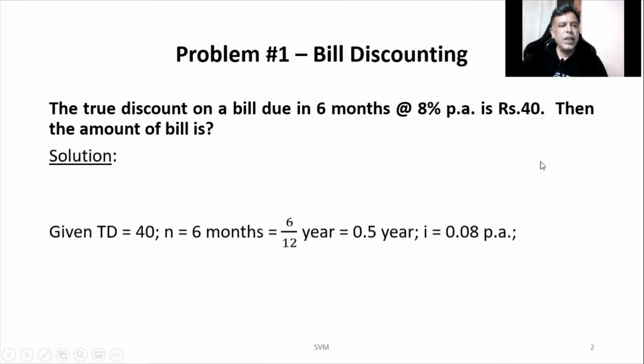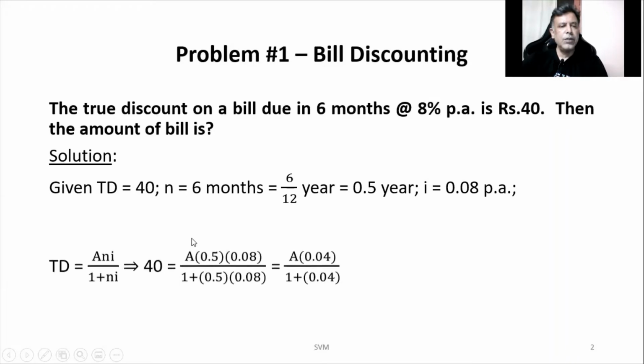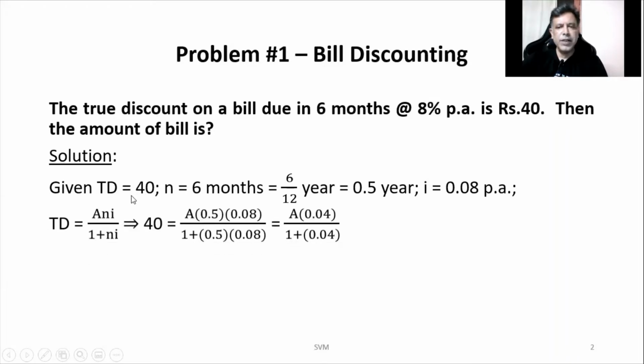So by using the formula of true discount, we can calculate that. True discount is given as 40 rupees. N is given as 6 months, which can be expressed as 6 by 12 of a year, which is nothing but 0.5 year. And I is 8%, so it is 0.08 per annum in decimal.